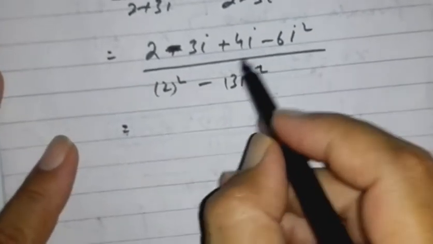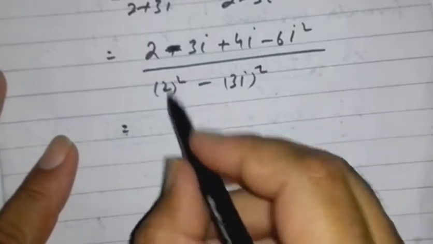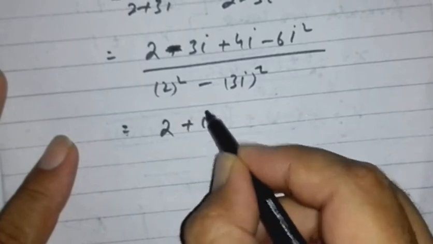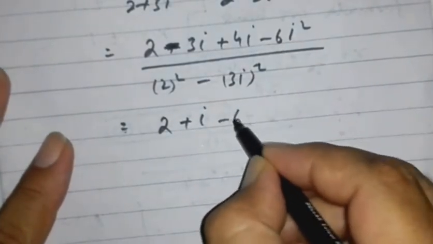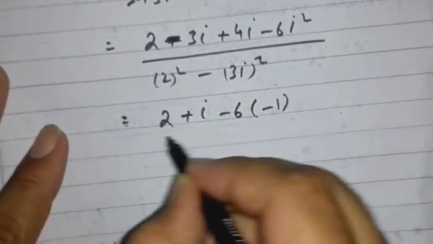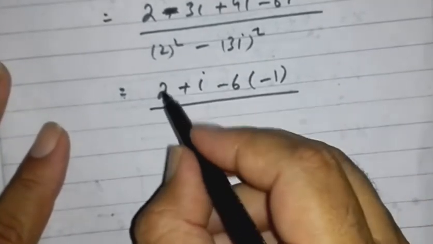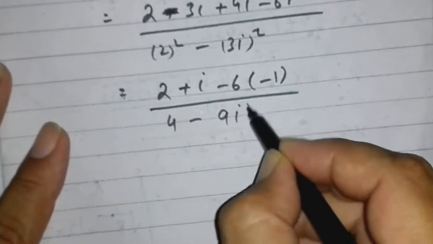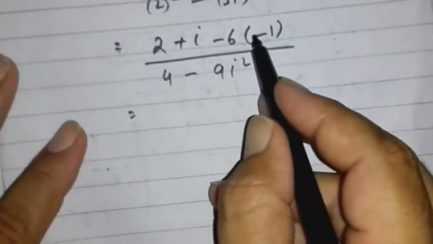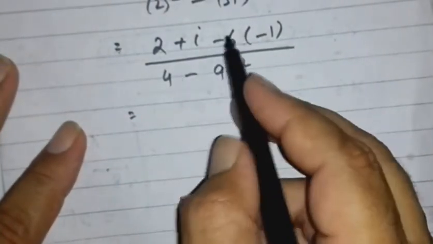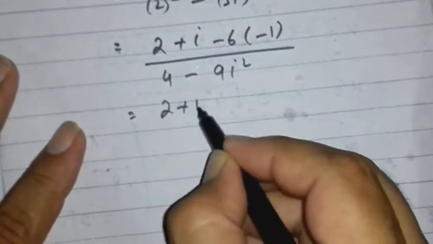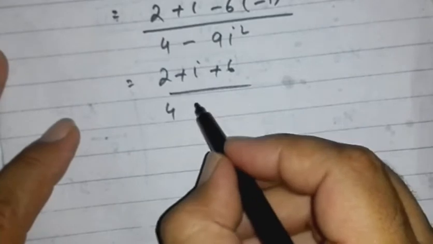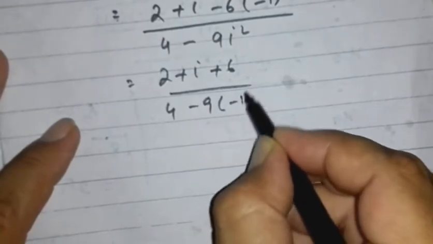Now look, minus 3 plus 4 we get only iota, and here minus 6, the iota square value is minus 1. Now here we get 4 minus 9 iota square. So multiply this minus with this minus, we get 2 plus iota plus 6. Here 4 minus 9 iota square, the iota square value is minus 1.